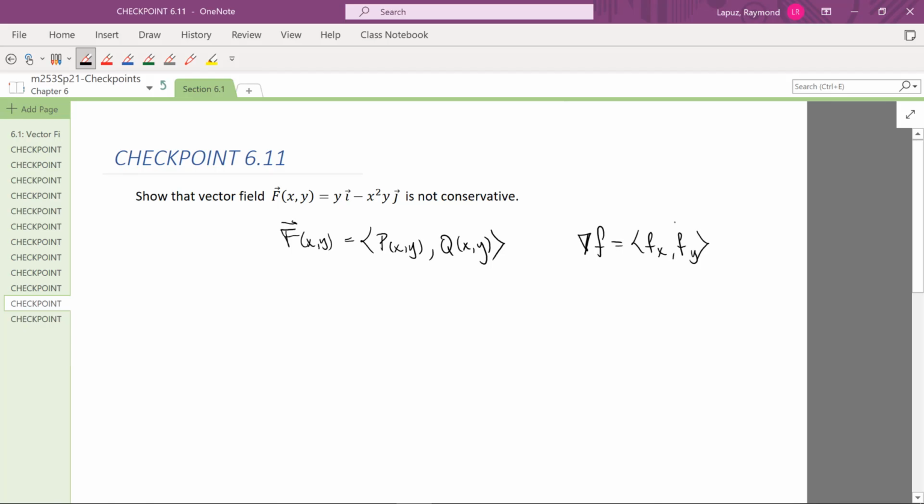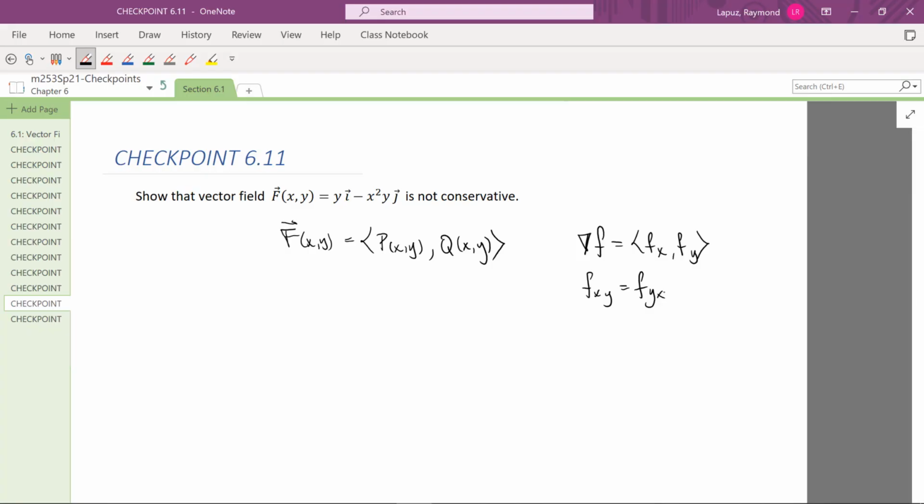And then if you remember, when we were first studying functions of several variables, we saw that for the nice functions that we deal with, the second order mixed partial derivatives were equal.